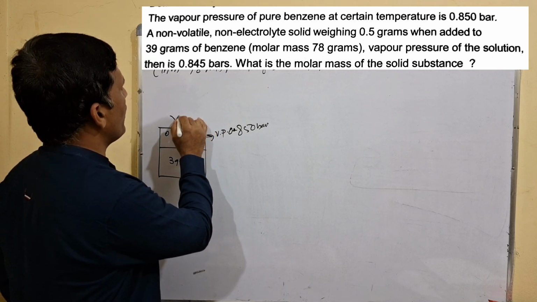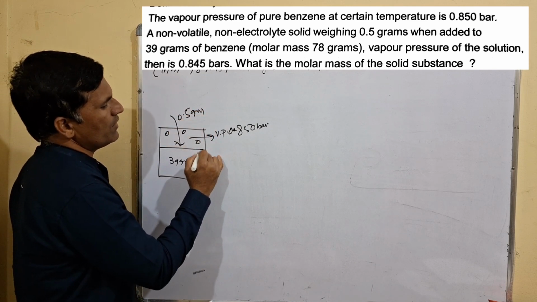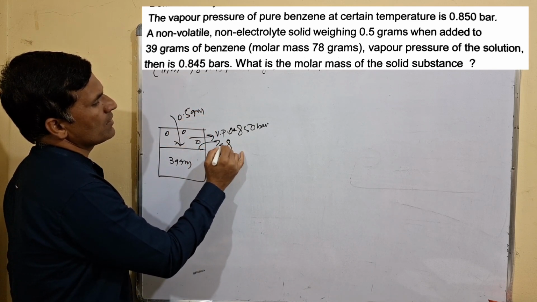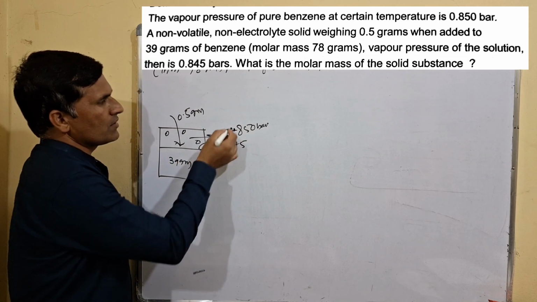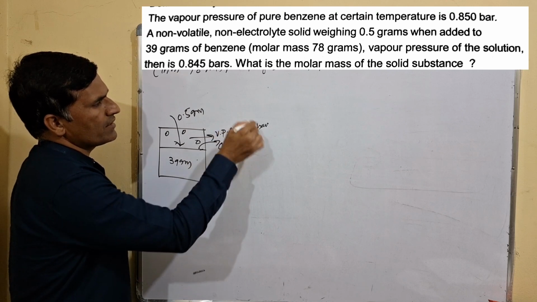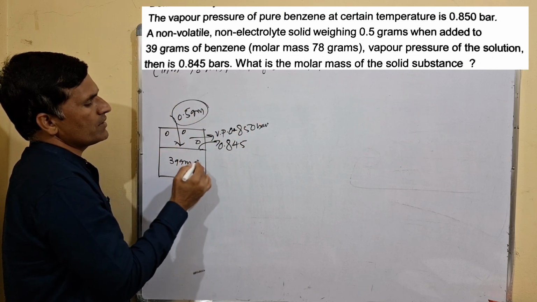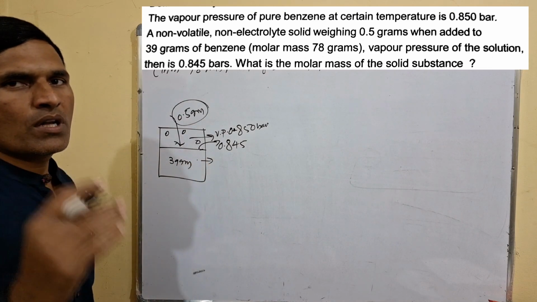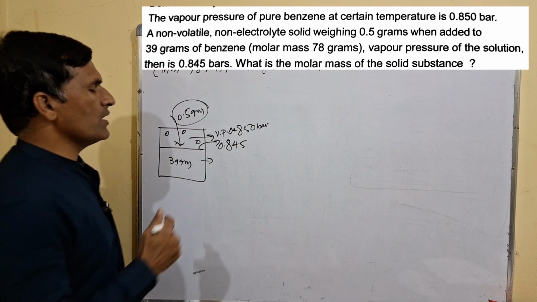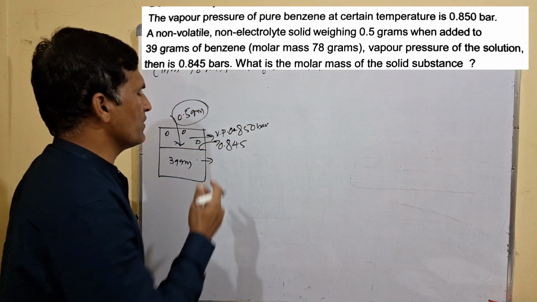So that is around 0.5 gram is being added. Once it is added, then the vapor pressure has decreased to 0.845. Okay, so by getting this difference in the vapor pressure and the amount of the substance and amount of the solvent, you are expected to calculate what? Molar mass of the solute. This is the problem on the relative lowering of the vapor pressure.